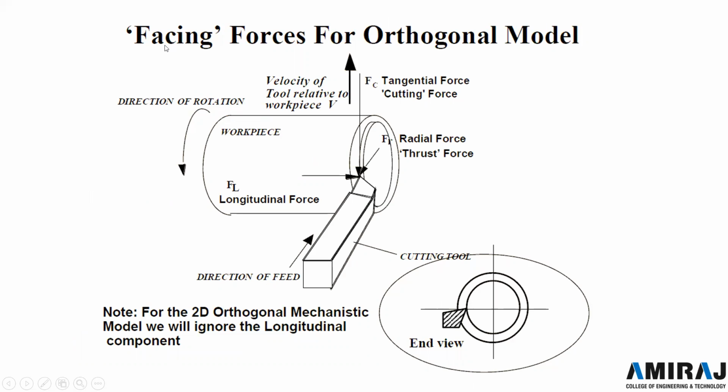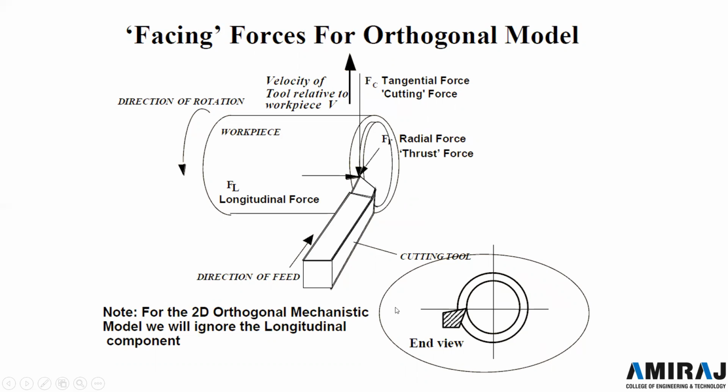Now the second one is the facing force for the orthogonal model. Same here, you can see in facing, the direction of feed for the tool is in this radial direction. So there will be the radial force, or that will be the thrust force.